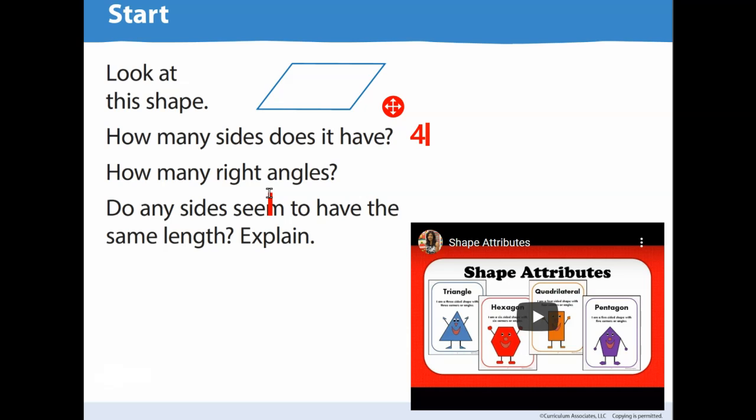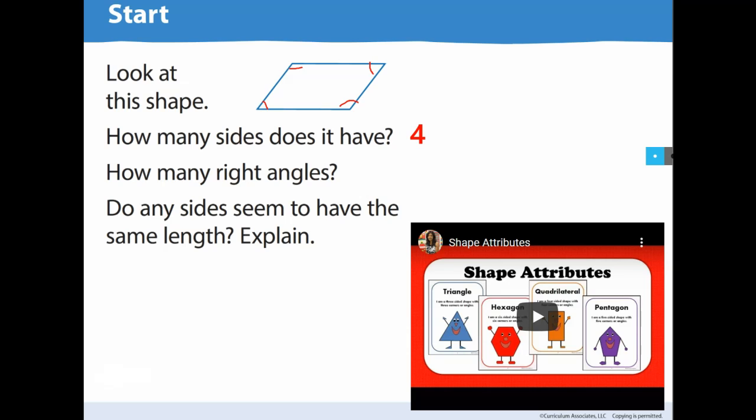It doesn't. Each angle kind of looks like a letter V, especially these right here. And then these are kind of like you're doing a hang 10, right here. So it doesn't have any right angles.